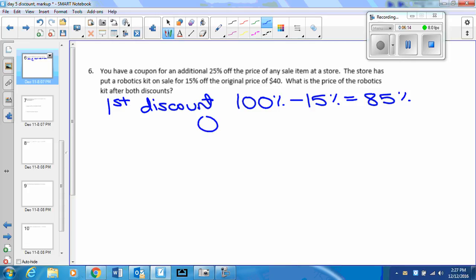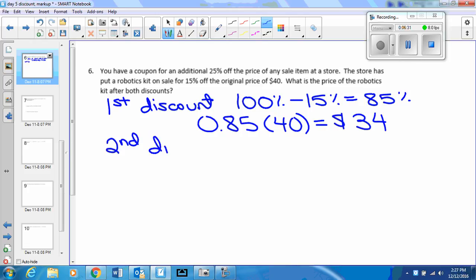So with the first discount, I would multiply 0.85 by 40. Using my calculator to multiply that out, with the first discount, the price of the kit will be $34. Now for my second discount, I'm saving another 25% off the reduced price.